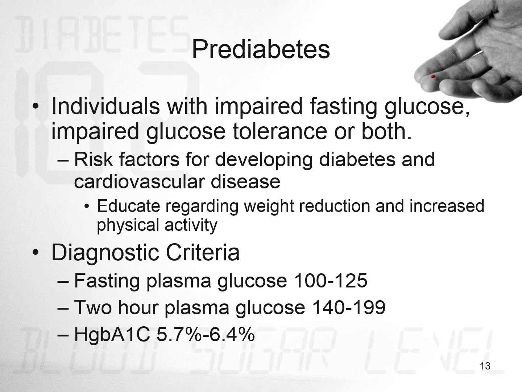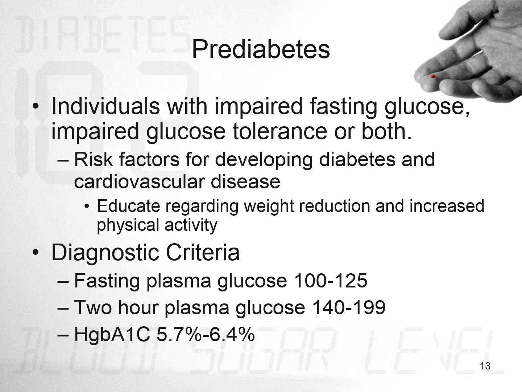Pre-diabetes refers to individuals with impaired fasting glucose or impaired glucose tolerance or both. These are risk factors for developing diabetes and cardiovascular disease. So we want to educate these patients regarding weight reduction and increased physical activity, if that fits what they need, to reduce those levels.